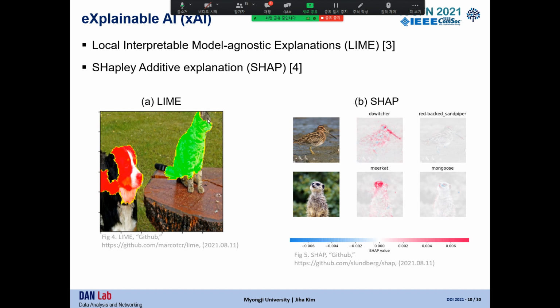This area is the positive area, and this red area is the negative area. So SHAP's output comes in int and float values, but LIME's output is an image.